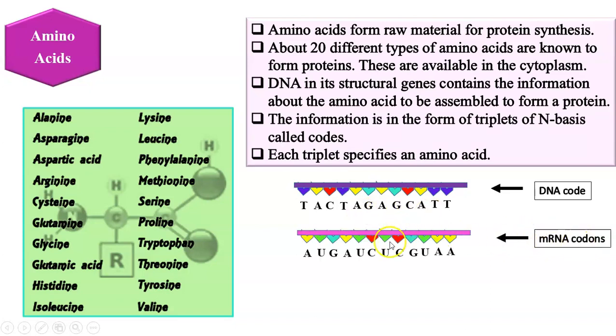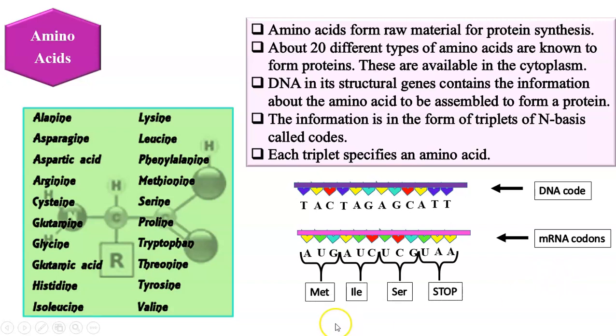It has taken down the information using its own ribonucleotides and there the triplets of nitrogen bases are called codons. These triplets represent different amino acids, and these amino acids get connected by peptide bonds to form a polypeptide molecule or protein.